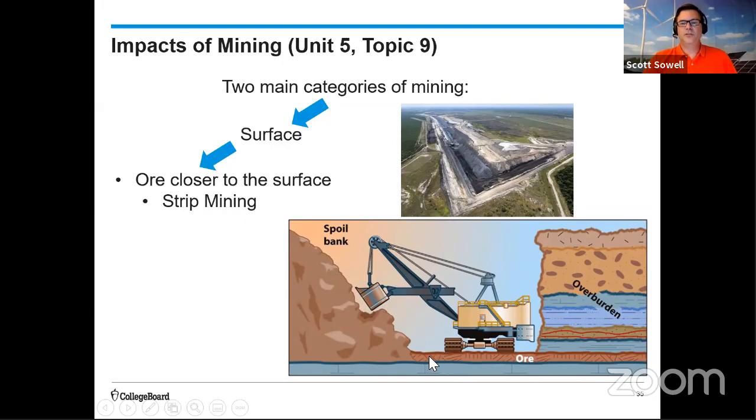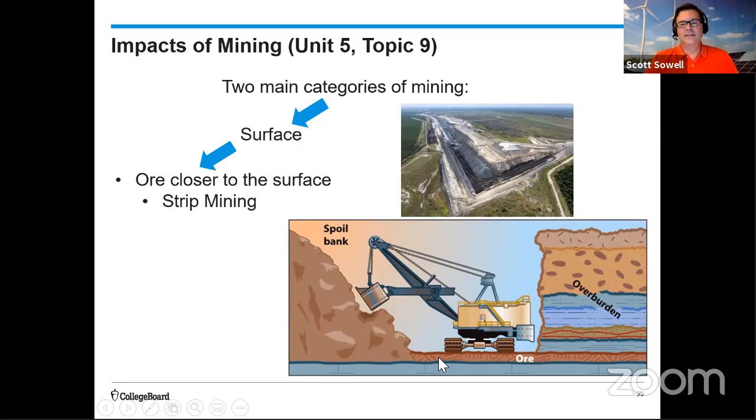If we look at this picture, the ore, the rock that I'm trying to mine, is down here at the bottom. But unfortunately, it is covered with lots of rock and soil and earth. That's called the overburden because it's over what you're trying to get, and that's a burden to remove. So we're going to take this overburden off and put it to the side, and now we can access the ore.